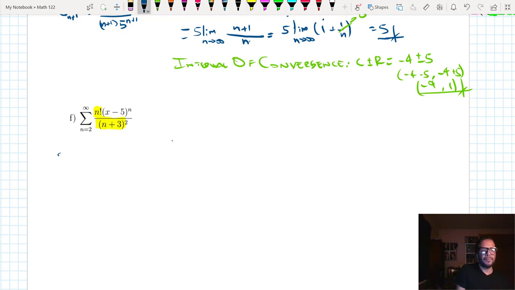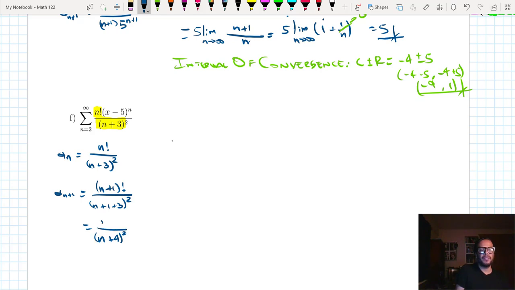So a sub n equals n plus 3 squared under n factorial, and a sub n plus 1 equals n plus 1 factorial divided by n plus 1 plus 3 quantity squared, which will actually be n plus 4 squared, n plus 1 factorial.